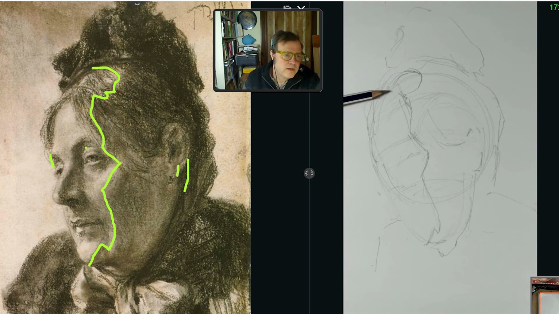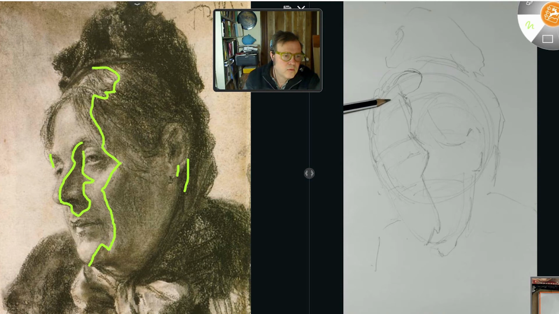Now the other main shadow shape that we have to deal with is this one. And I'm just going to crudely outline it. I'm also going to draw this kind of little extension. I probably should have included it as part of the other one.